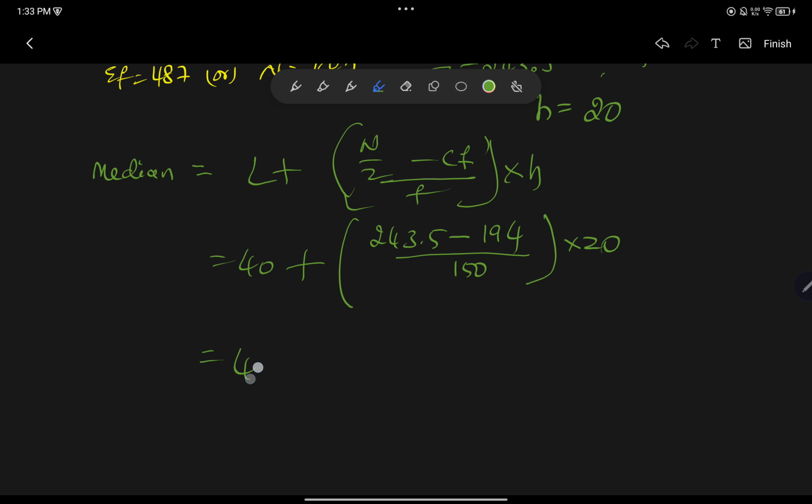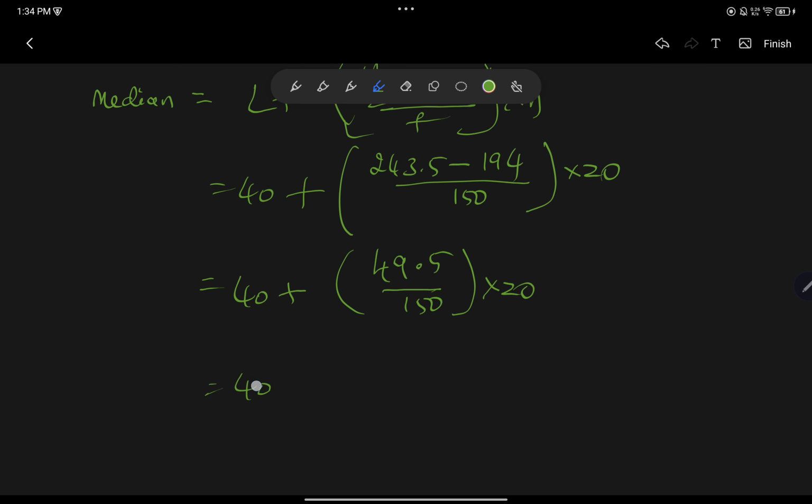So 40 plus (243.5 minus 194, that is 49.5) divided by 150, into 20.